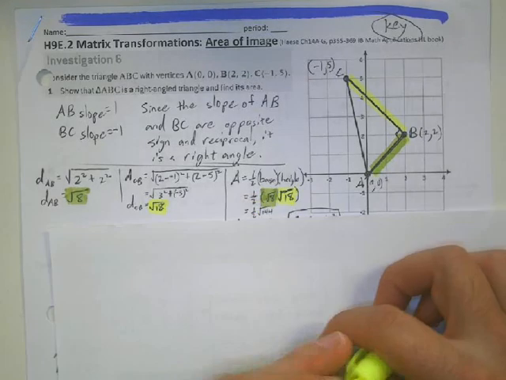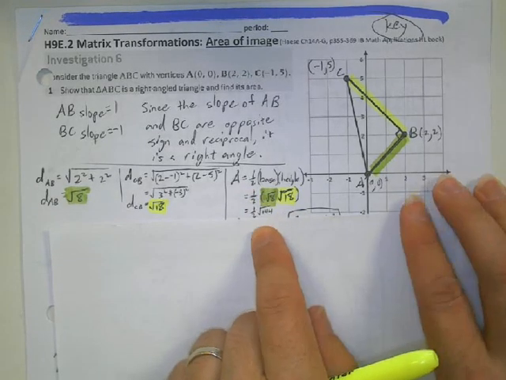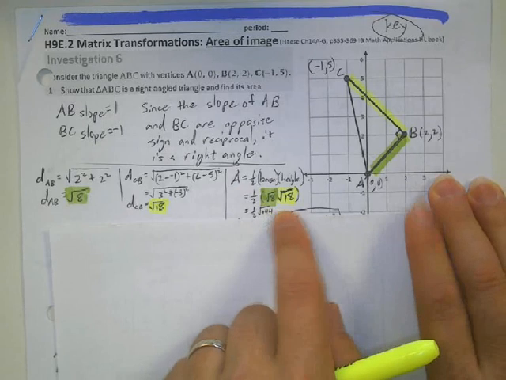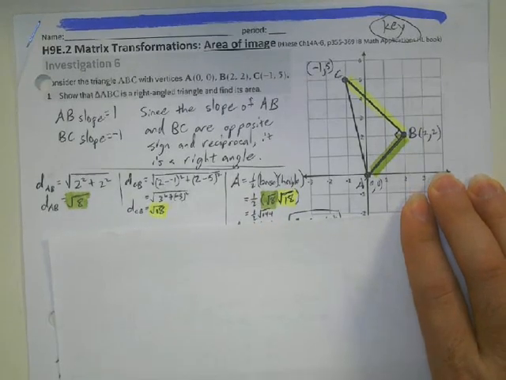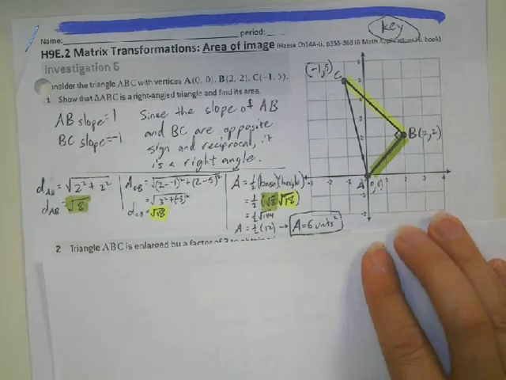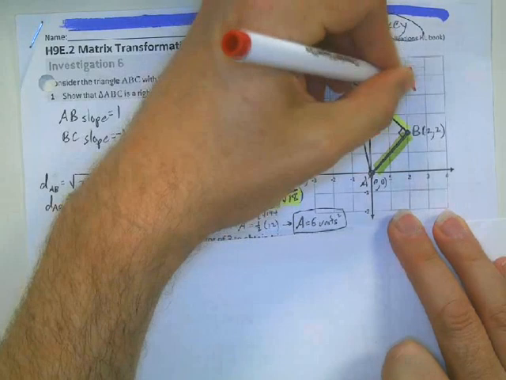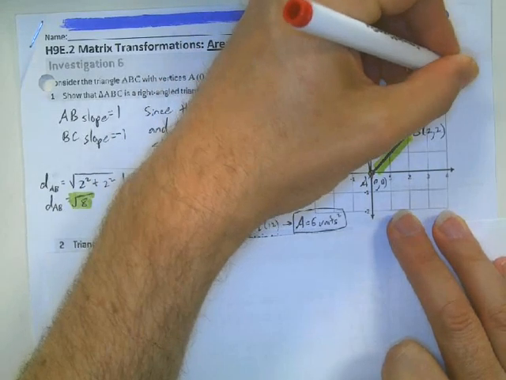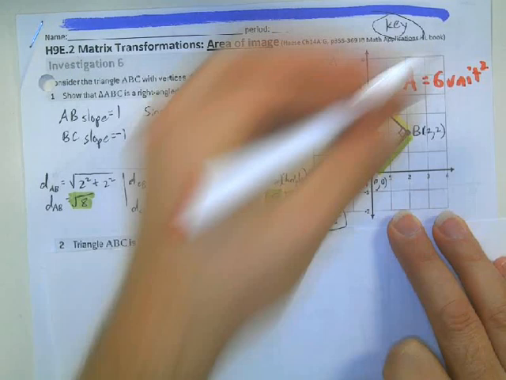Multiplying these together, square root of 8 times square root of 18 is square root of 144. That gives me 12, and 12 divided by 2, this area is 6 units squared.